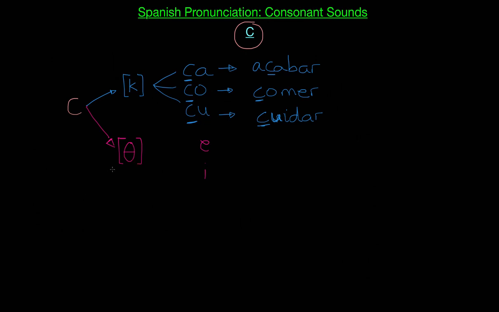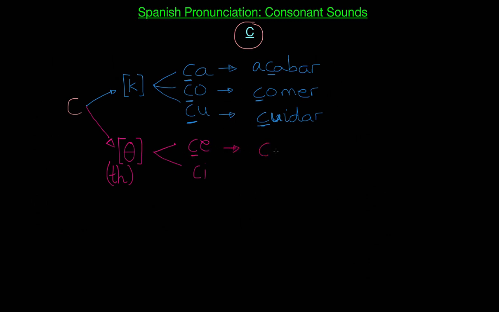If you're an English speaker, you might want to represent this sound as something a bit like this. It's a th. It's a very typical Spanish sound, isn't it? So this C is going to sound th in front of E and I.